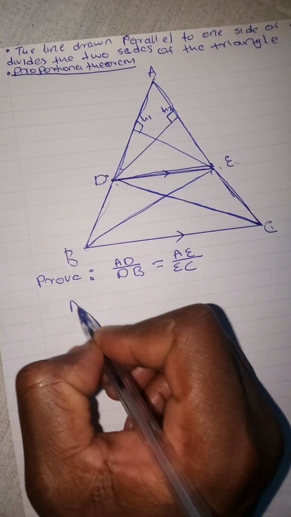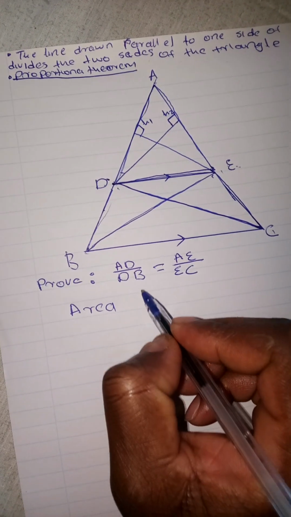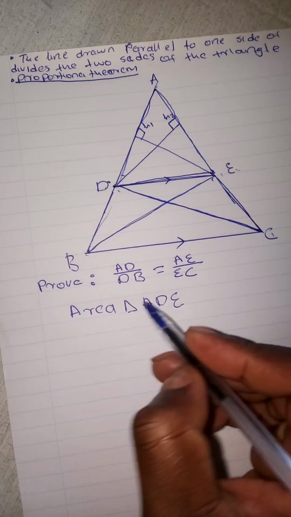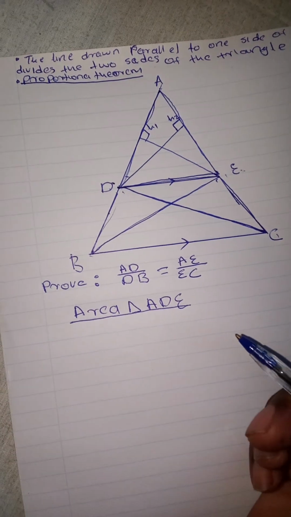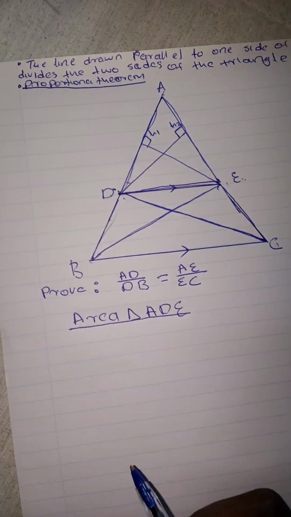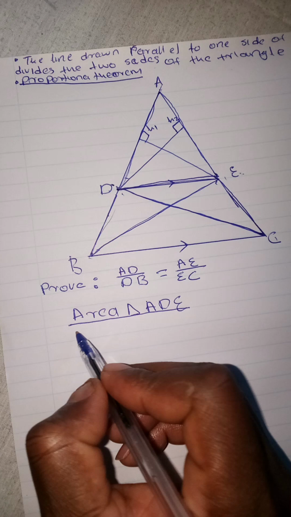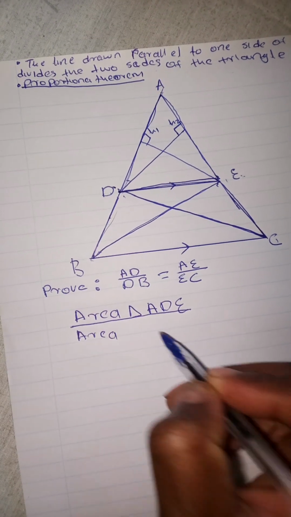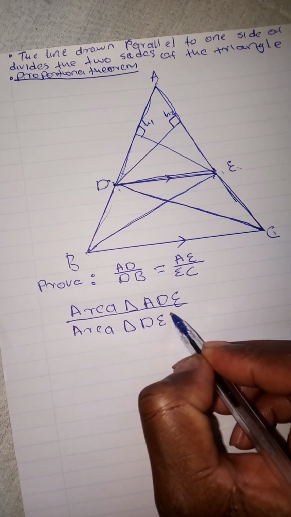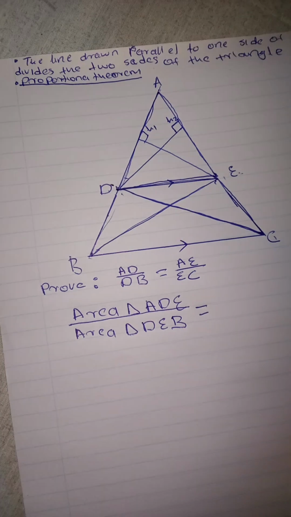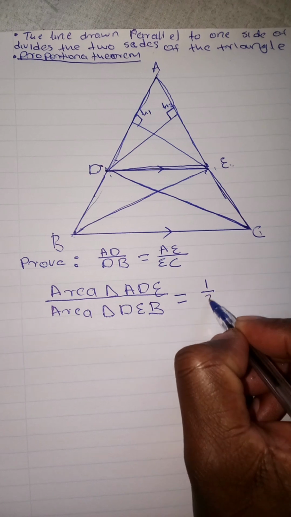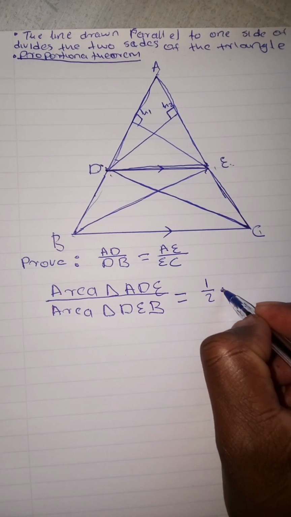You say area of triangle ADE over area of DEB is equal to half times what?